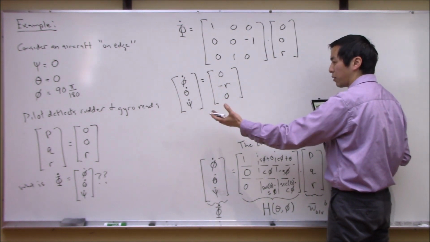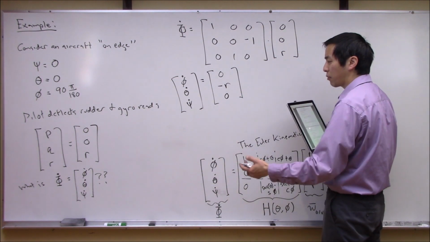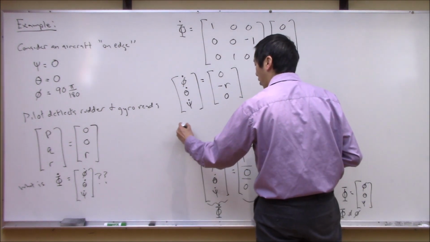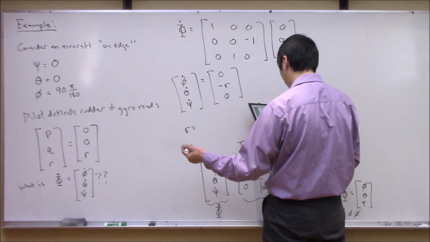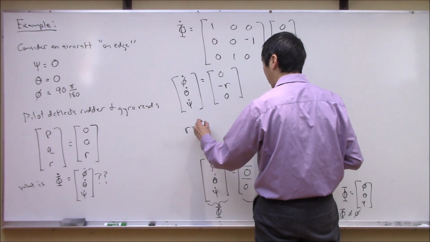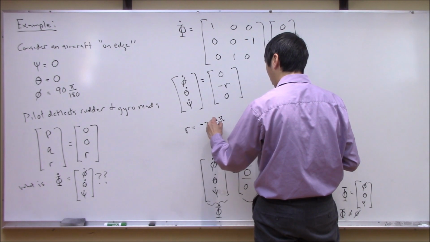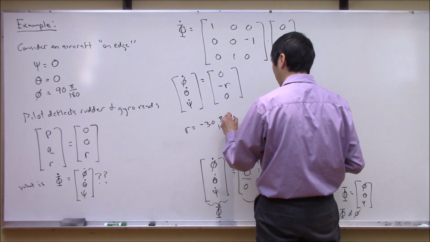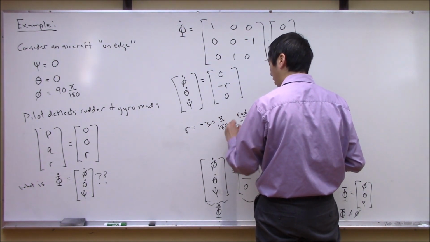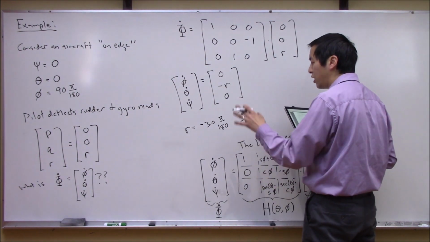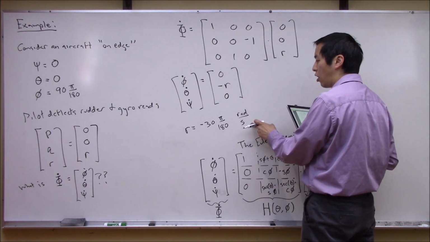For example, let's say the pilot steps on the rudder hard enough so that R is, let's make up some numbers, negative 30 times pi over 180, which is basically radians per second. So this is basically a negative 30 degrees per second yaw rate.